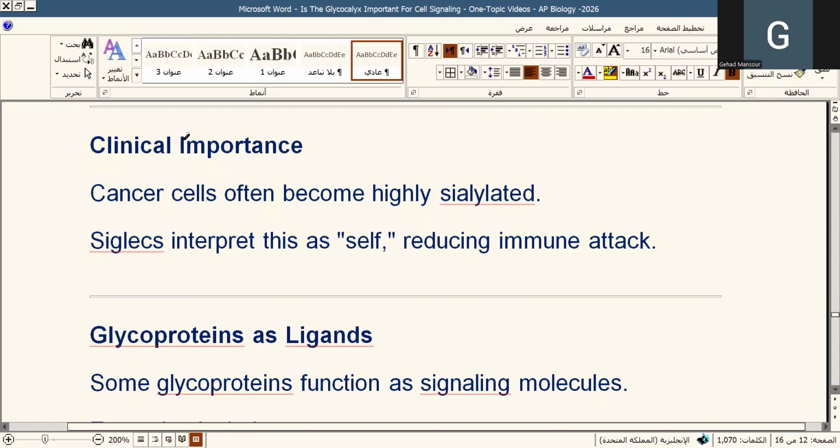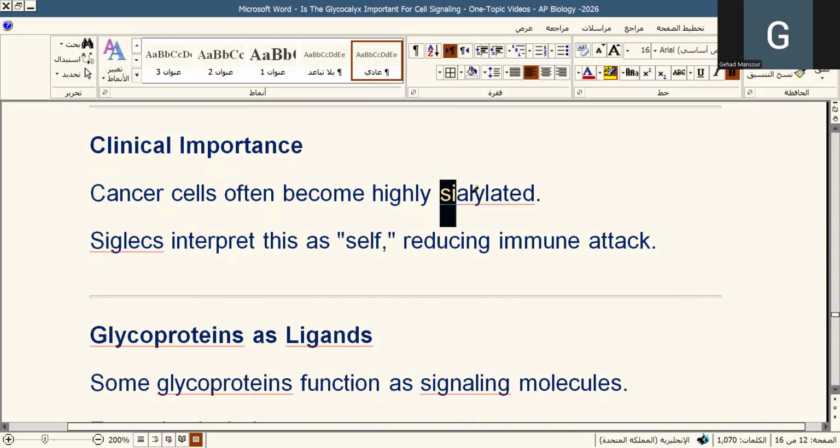The clinical importance of this is that the cancer cells trick the body. I'm sorry, I said that they have less sialic acid. No, I'm correcting myself now. Cancer cells, on the other hand, are highly sialylated.